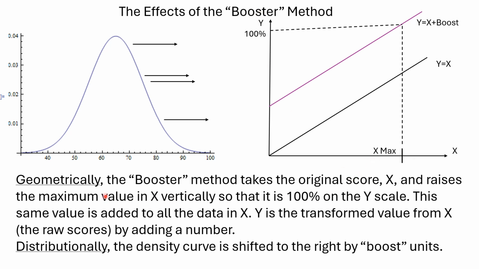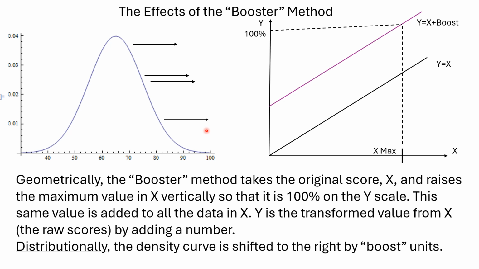Now, distributionally, what happens here is we're starting off with a normal distribution with mean 65. So we can see here that the highest peak is about 65. And when we add a booster to all of the scores, what this essentially does to the distribution is it shifts it to the right by 17 units.